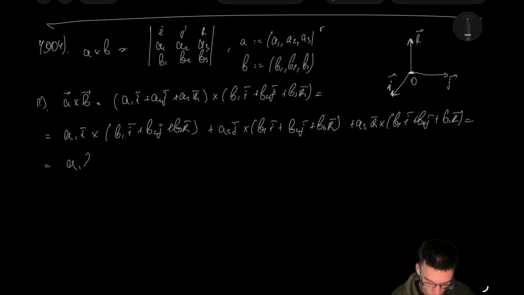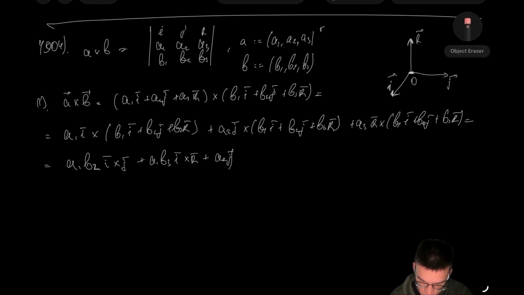And then we have a1 b2 i cross j plus a1 b3 i cross r plus a2 b1 j cross i plus a2 b2 j cross j.